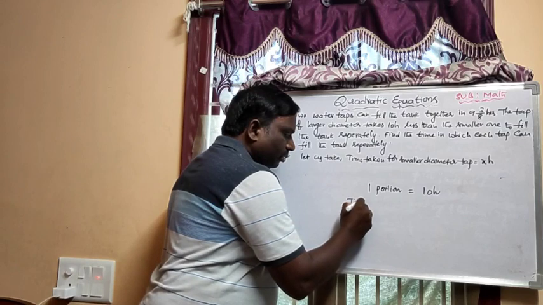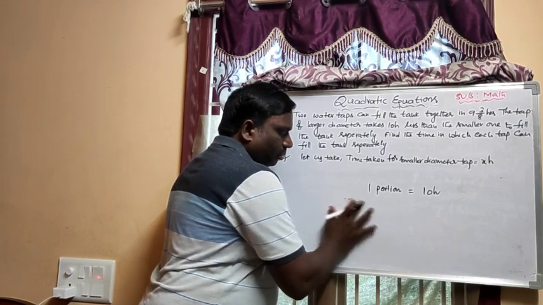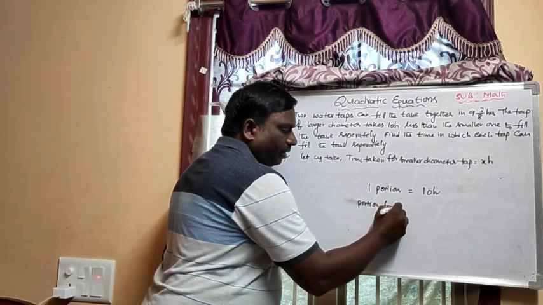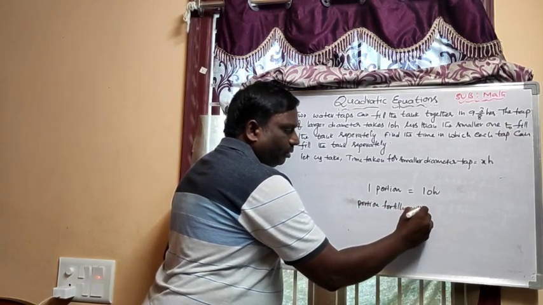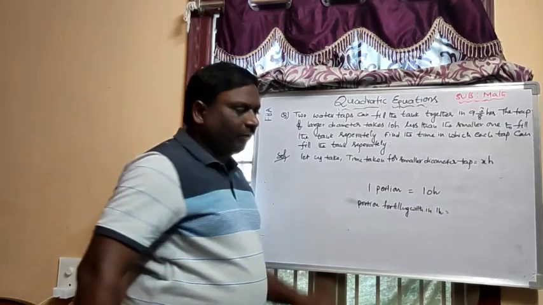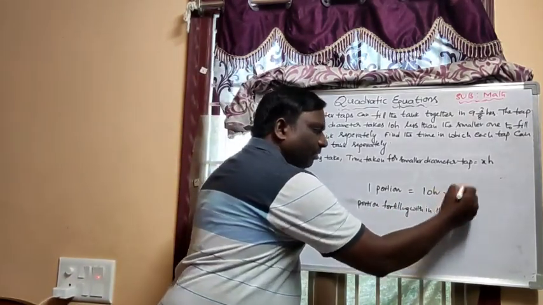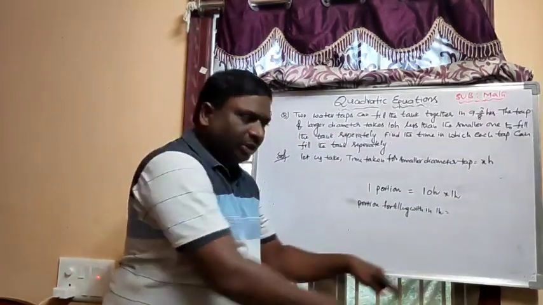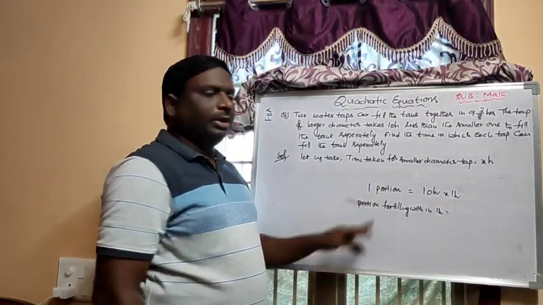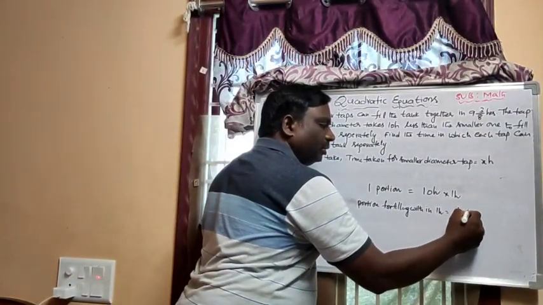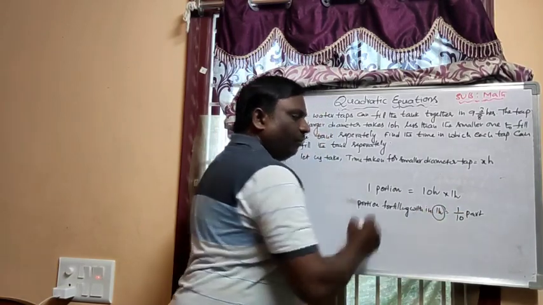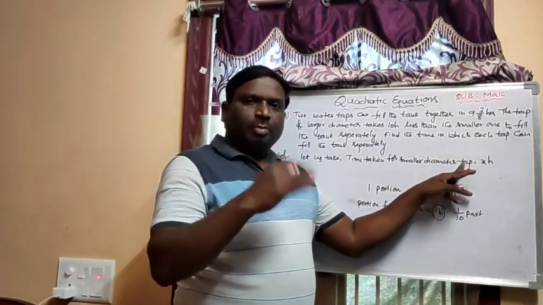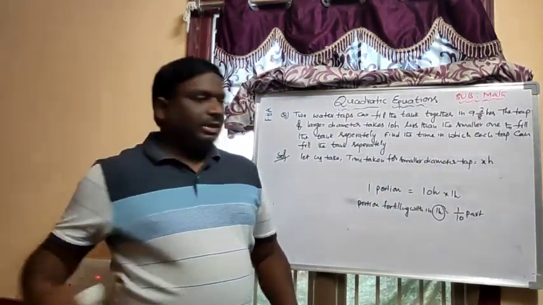To find the portion filled within 1 hour, the 10 hours goes to the other side, so 1 by 10th part can be filled within 1 hour. Similarly, time taken for the smaller diameter tap to fill the total portion is X hours.